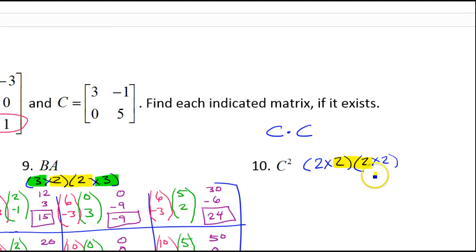I can find the dimensions of the final answer by looking at the outer dimensions. The outer dimensions are 2 and 2. So that means my final answer, the product, will be a 2 by 2 matrix.